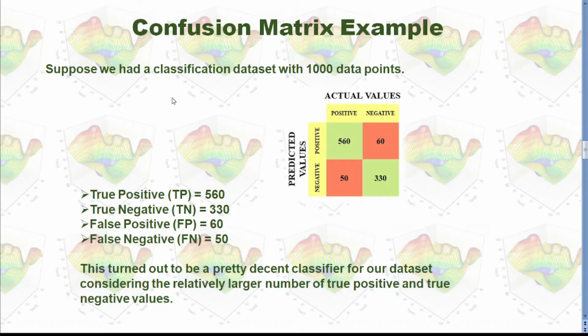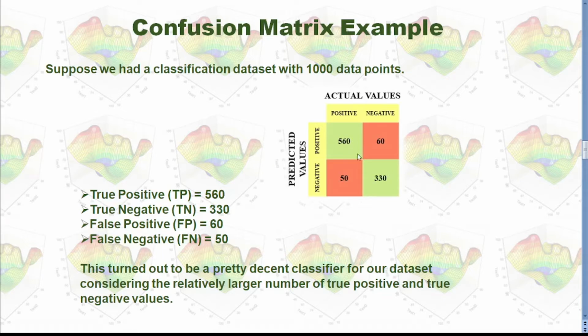Let's take a look at an example. Suppose we had a classification data set with 1,000 data points. The true positive is 560 and the true negative is 330.